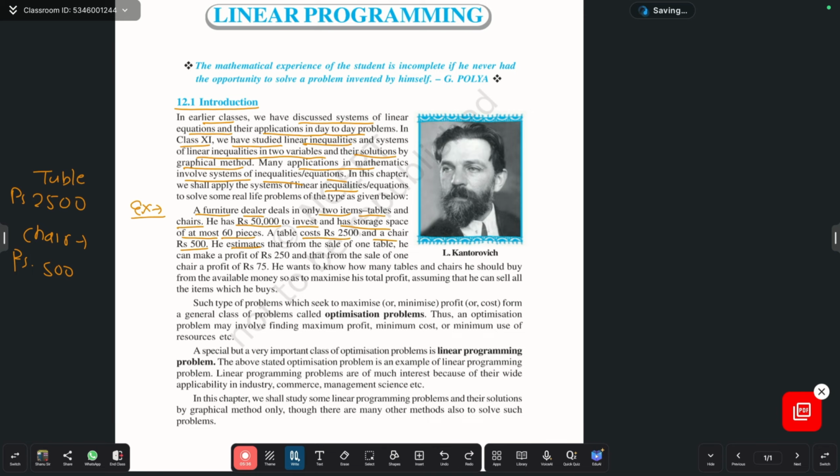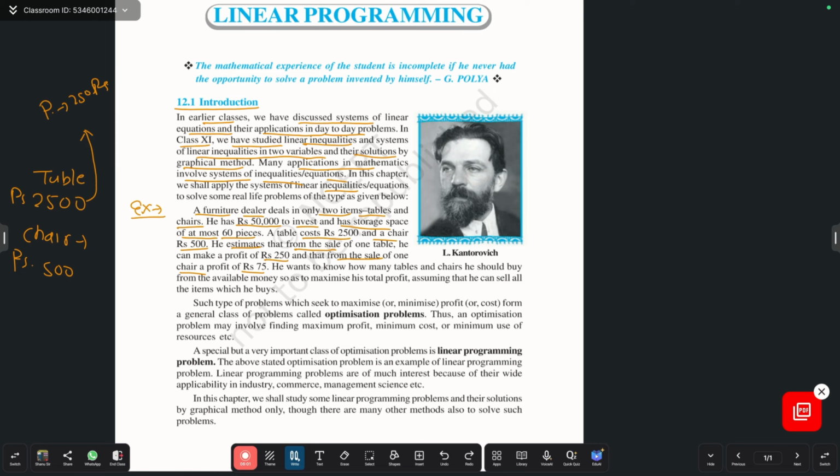He estimates that from the sale of one table you will get a profit of 250 rupees, and from the sale of one chair, a profit of 75 rupees.